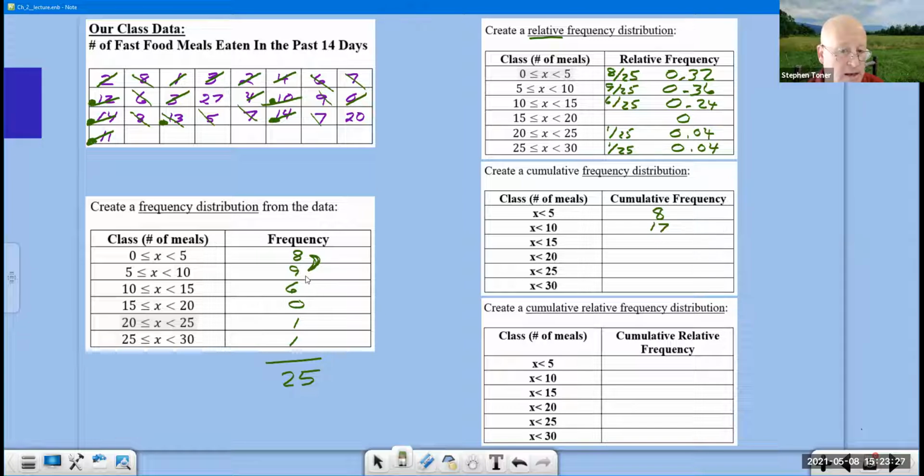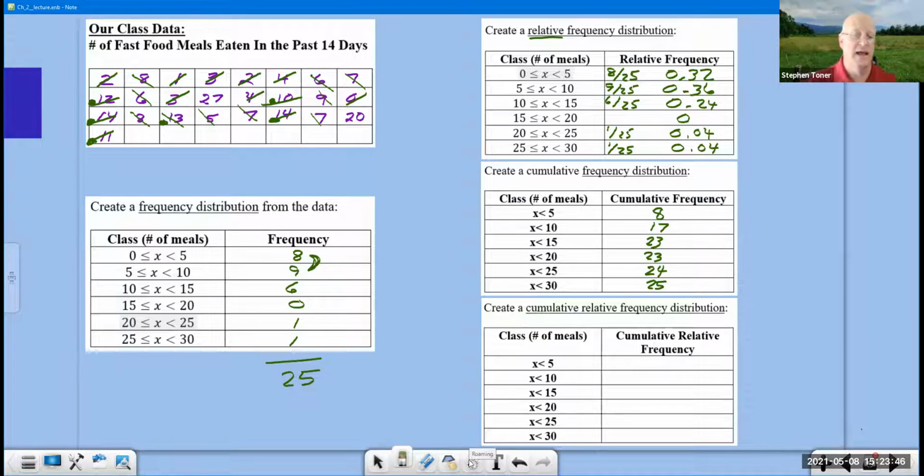Then I'm going to take that 17, add 6 in, and that takes me up to 23. I then add 0 to keep it at 23. Then I add 1 for each of the next two categories, and the cumulative frequencies become 24 and 25.